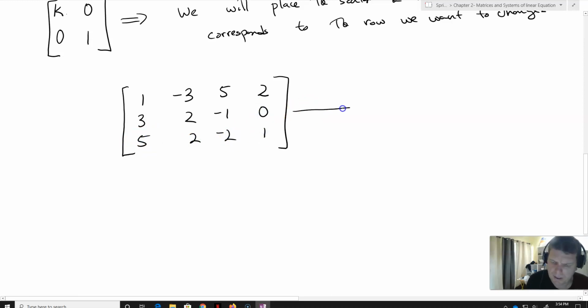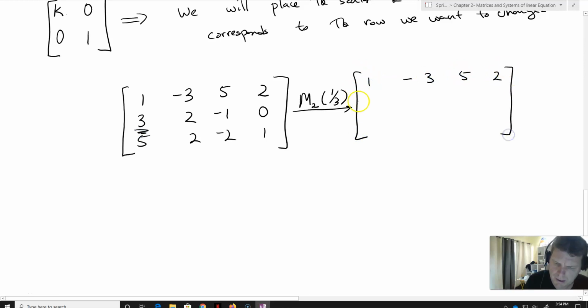And what I want to do now is multiply the second row by 1/3 in order to get a leading one right here. So what I'll end up with is 1, negative 3, 5, 2, 1, 2/3, negative 1/3, 0, 5, 2, negative 2, 1.